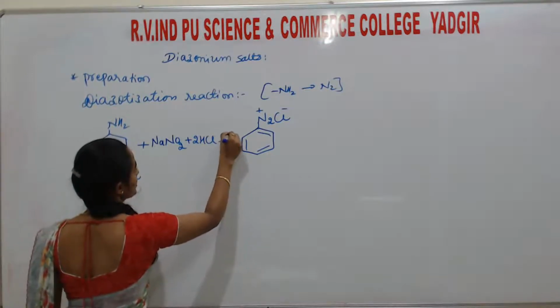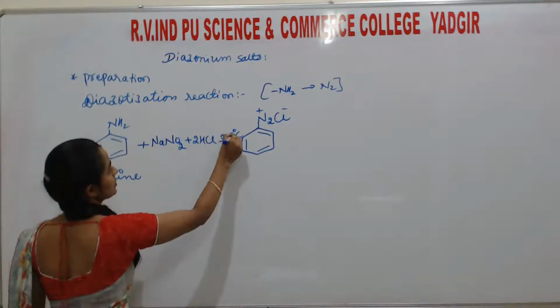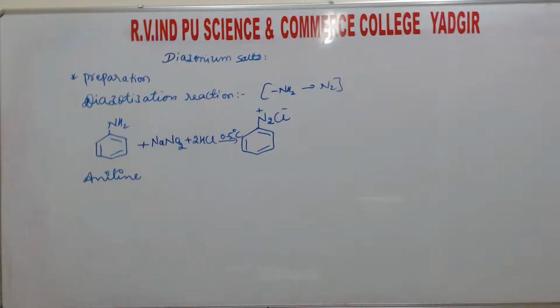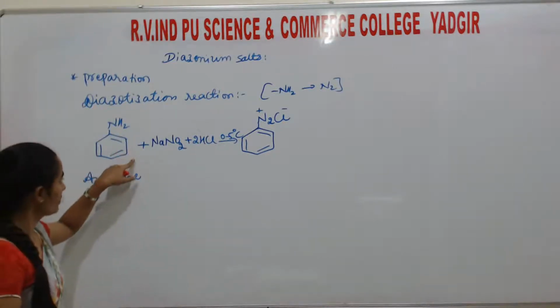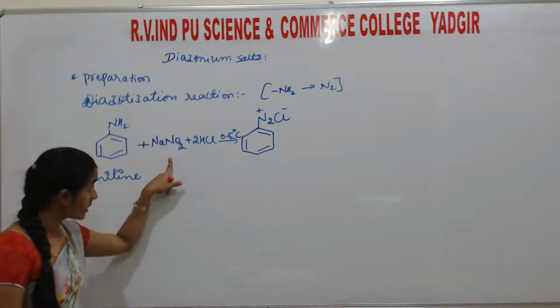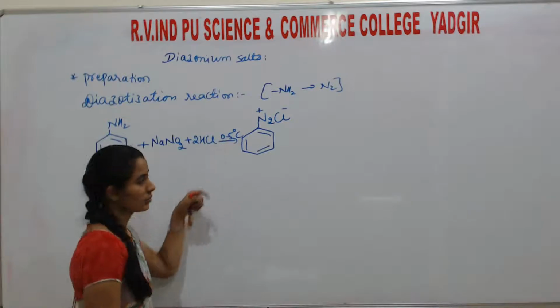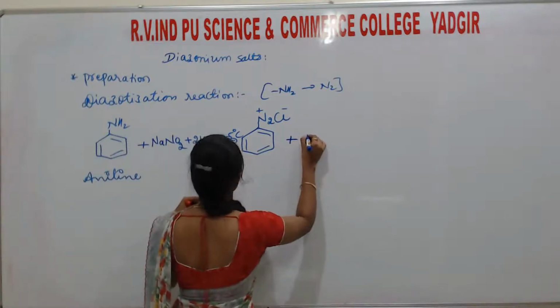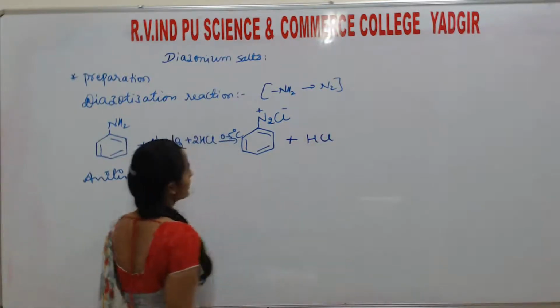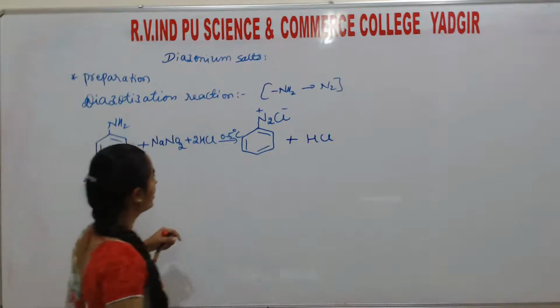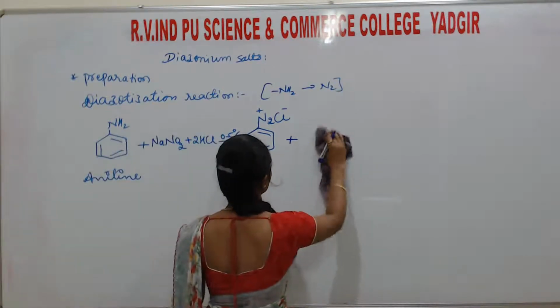Here you write the condition 0 to 5 degrees Celsius. Complete reaction: primary amine reacts with NaNO2, that is nitrous acid, in presence of HCl. Then removal of HCl takes place, and H2O forms.